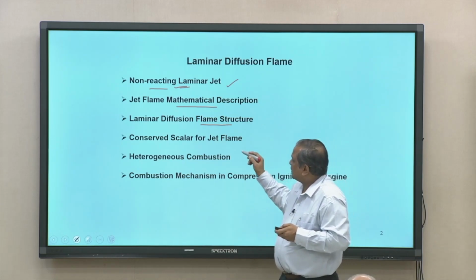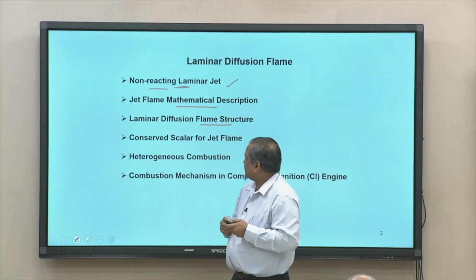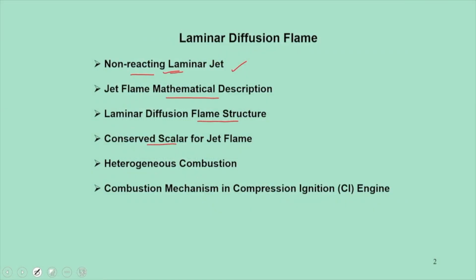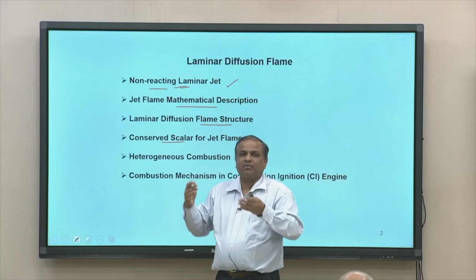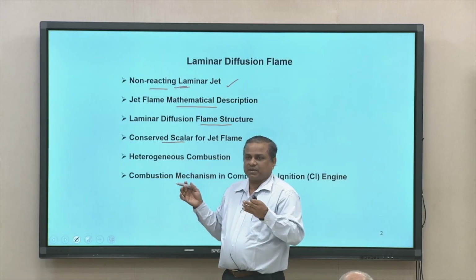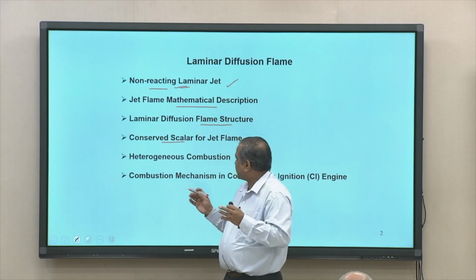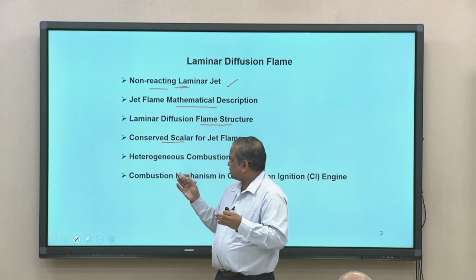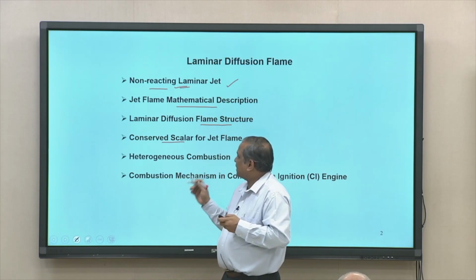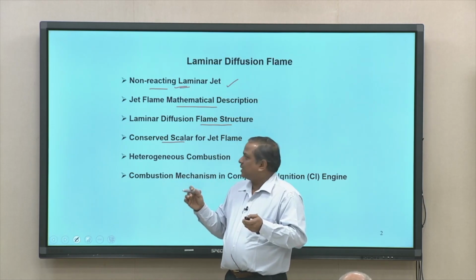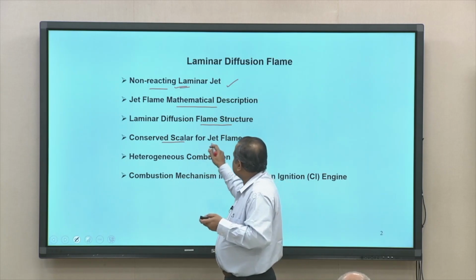In my previous discussions, I emphasized the word conserved scalar. Since it is a diffusion flame, the equivalence ratio of fuel and air can vary drastically with different values, but the identity of fuel, the carbon or hydrogen within that jet flame, remains the same.